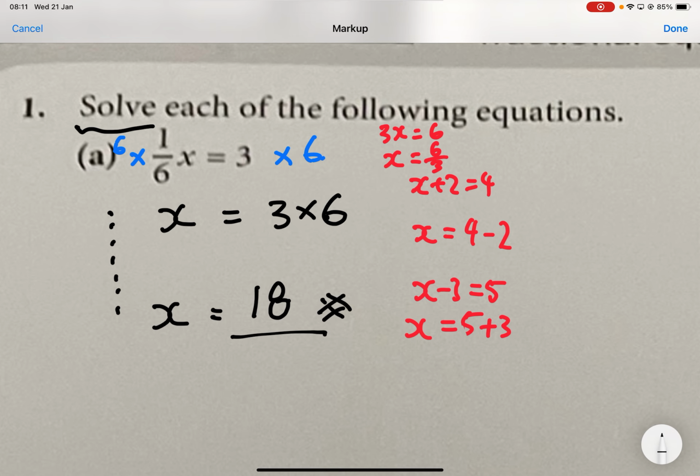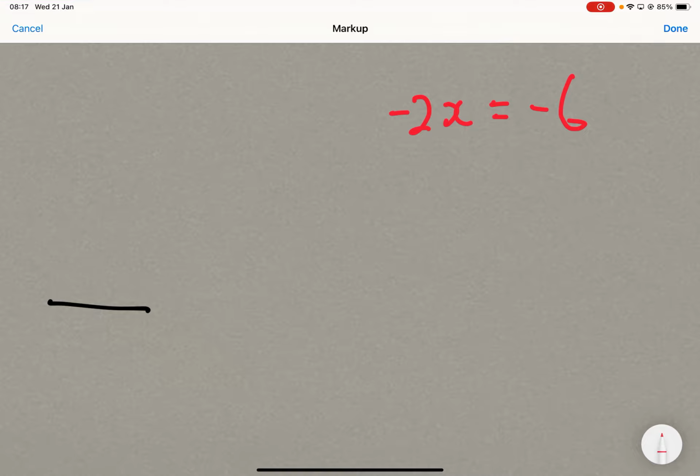Okay, for here, if I have negative 2x equals negative 6, how will you all solve this? Aurel, how will you solve this? What is the next step? Do I have to plus, minus, times or divide?